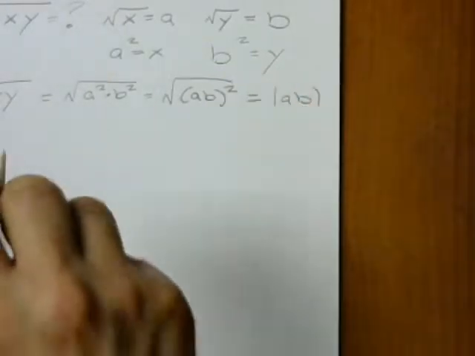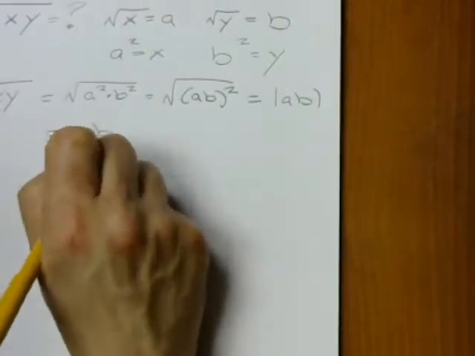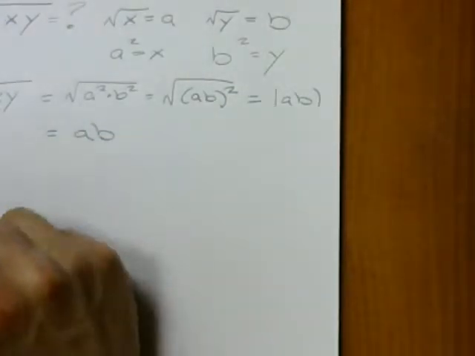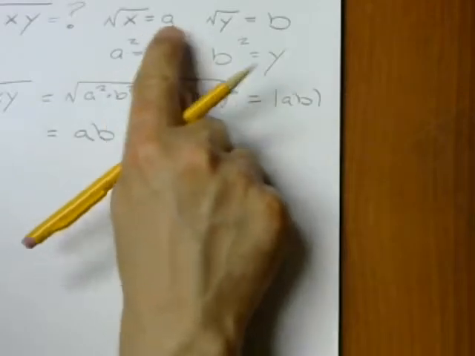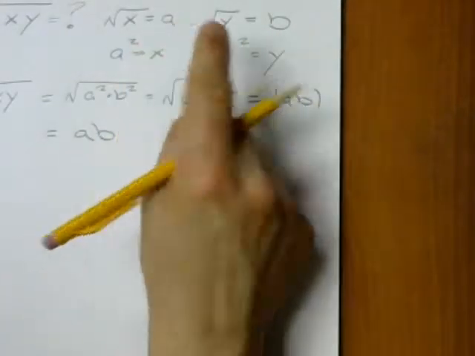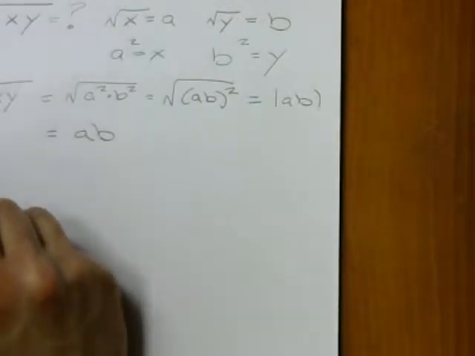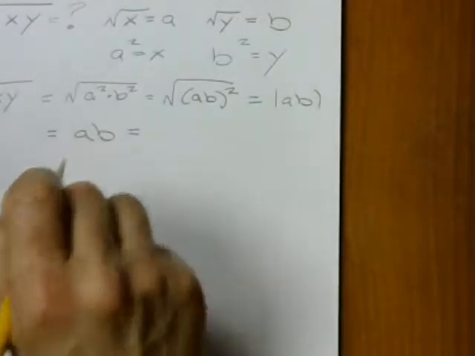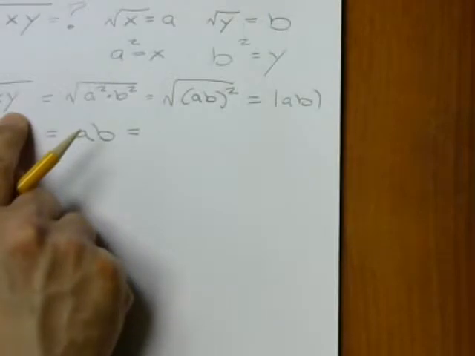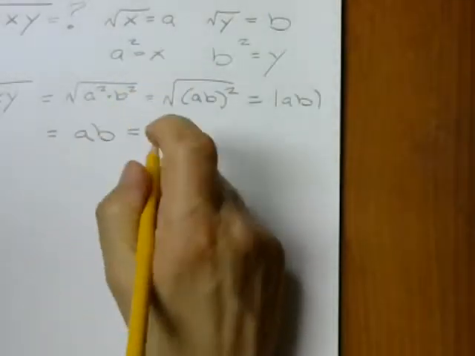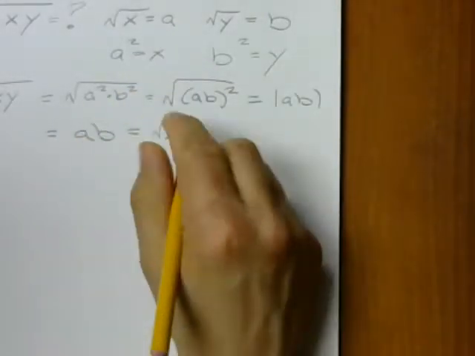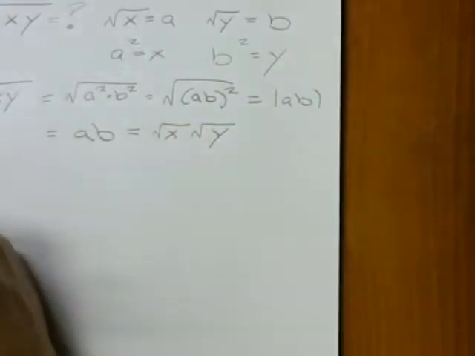I get the absolute value of AB, which we knew was positive to begin with because A and B came from radicals, which means they could not be negative. So, what do I get? I just showed that the radical of xy is AB, but A is a radical of x, and B is a radical of y.